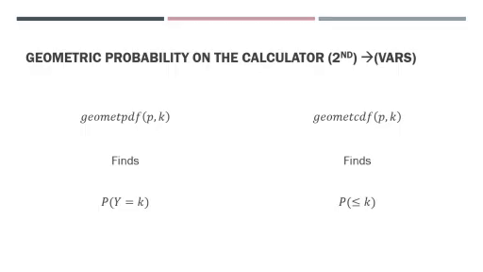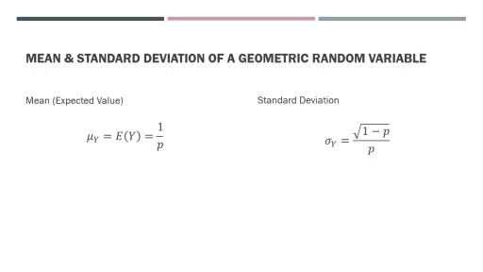Okay, so one of the last things we have here is the mean and the standard deviation using geometric random variables. To do the mean, it is 1/p, so 1 over the probability of it occurring. And this tells you how many trials it should take for it to occur. So if something was, let's say, 0.5, like flipping a coin, there's a 0.5 chance that it would be heads.